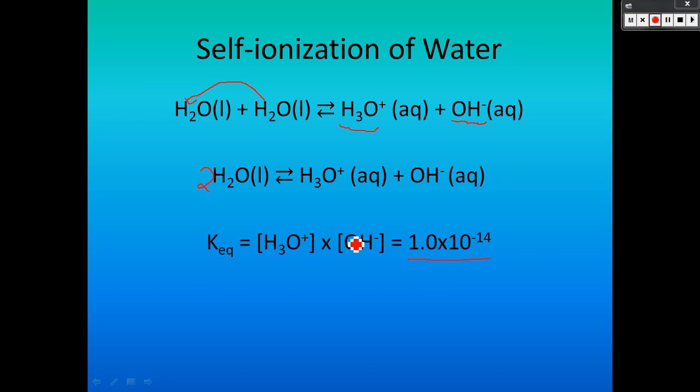So if you think Le Chatelier, if we increase the amount of hydroxide, that's going to push the reaction this way, which will decrease the amount of hydronium, and vice versa. Okay? Always giving us a KEQ of 1.0 times 10 to the negative 14th. All right, so let's see how this applies to pH then.